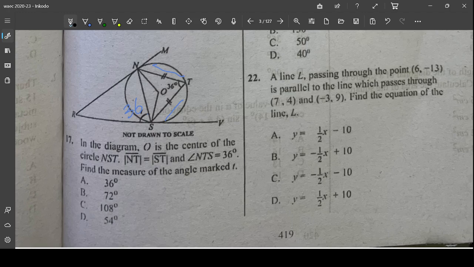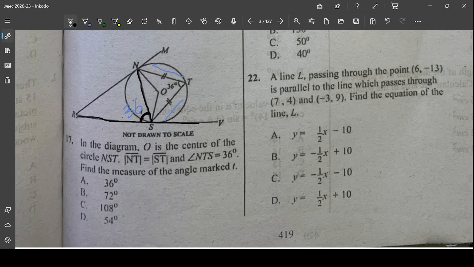How? If you look at this, you see that NS is a chord, and you see this particular line that cuts the chord. Now, the angle that is made between the chord and this line is equal to the angle that is also subtended by the chord at the circumference.